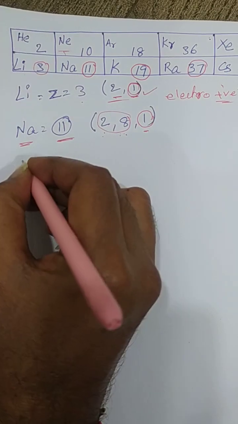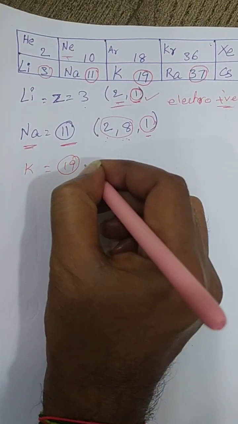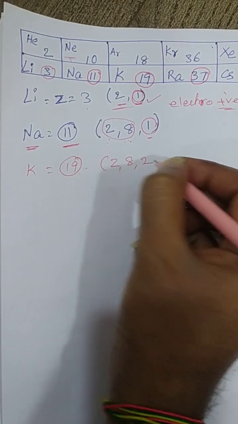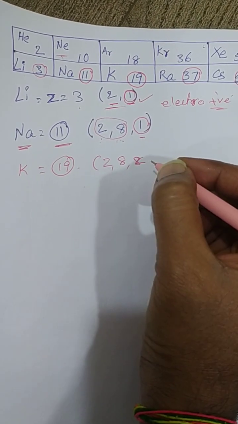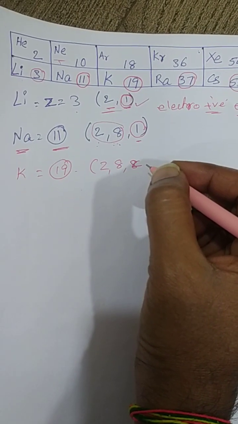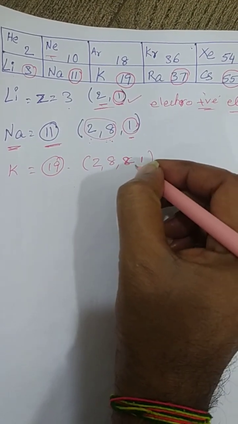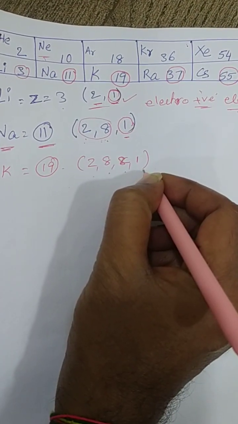Similarly, take potassium, that is 19. The configuration is 2, 8, 8, 1: 1s2, 2s2, 2p6, 3s2, 3p6 and 4s1.